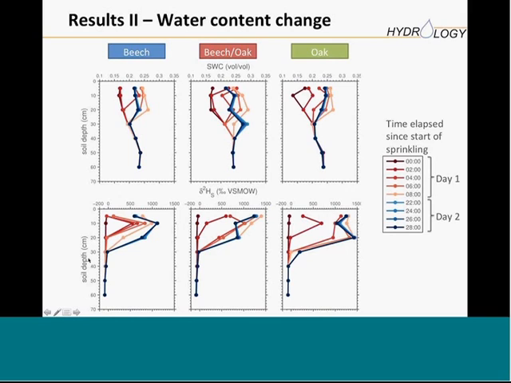When we look in the bottom part to the observed changes in isotopic composition, you see a relatively fast increase. In some of the sites, the top observations did not see anything at the beginning. We had a little bit of preferential flow close to the surface, but we also did some dye pattern experiments to see if the flow was relatively homogeneous. That was the case in this experiment.